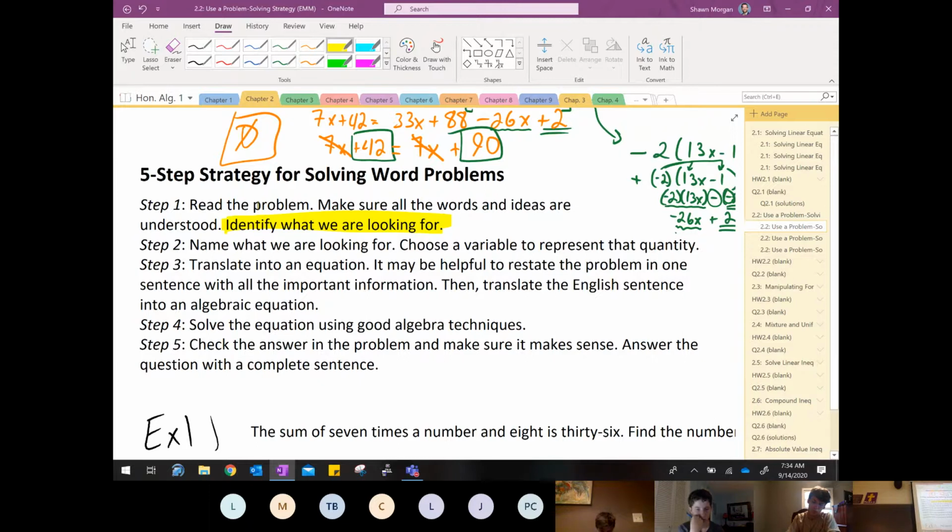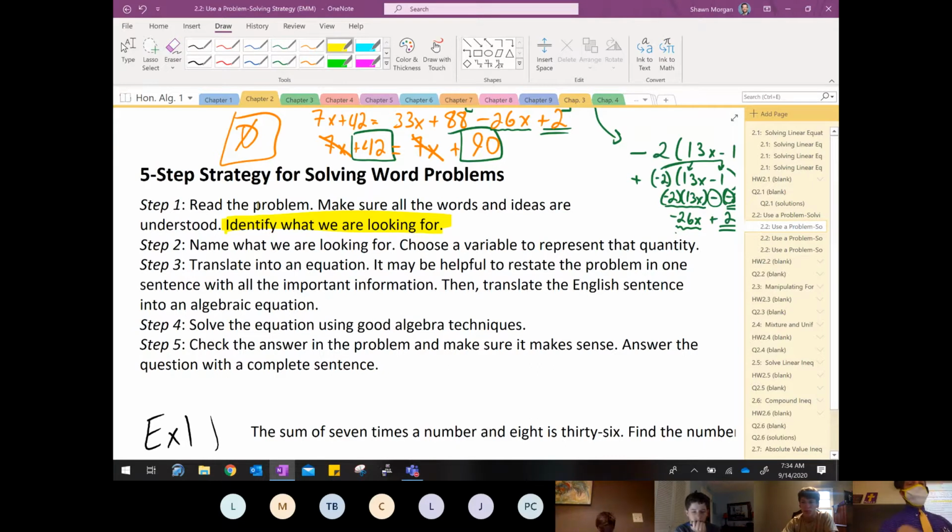It might be that you're trying to figure out how far apart Denver and Chicago are. It might be that you're trying to figure out how long it took Billy to rake the leaves in the backyard. Whatever the word problem is, the first step is figure out what they're asking.